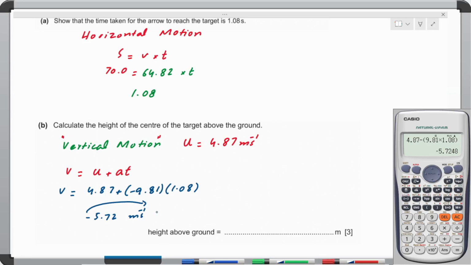So we need to find the height above the ground, and I can safely use the third equation from the formula sheet, v squared equals u squared plus 2as. First of all I can rearrange it for the value of s. It'll be v squared minus u squared divided by 2a.